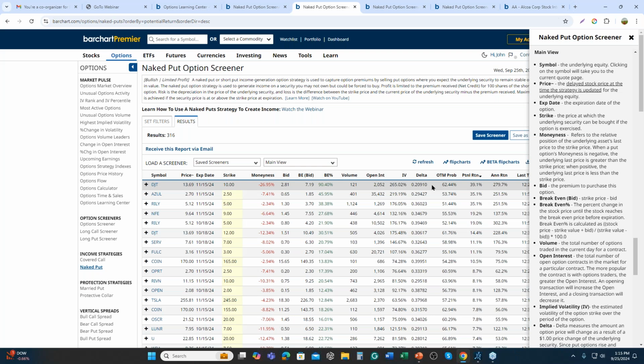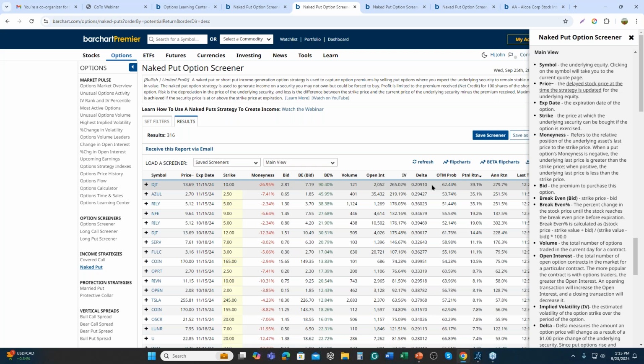Now, delta can also be used as a value of the chance that the strike will finish at the money. Again, we can look at this as a potential probability and we would multiply that by 100. So in this case, there's a 20% probability that DJT will be trading at $10 on November 15th, or about a 1 in 5 chance.